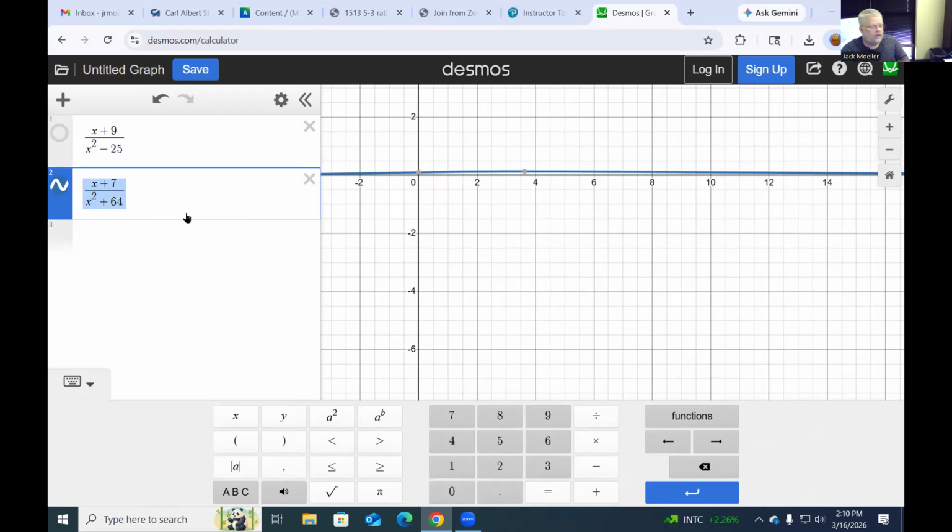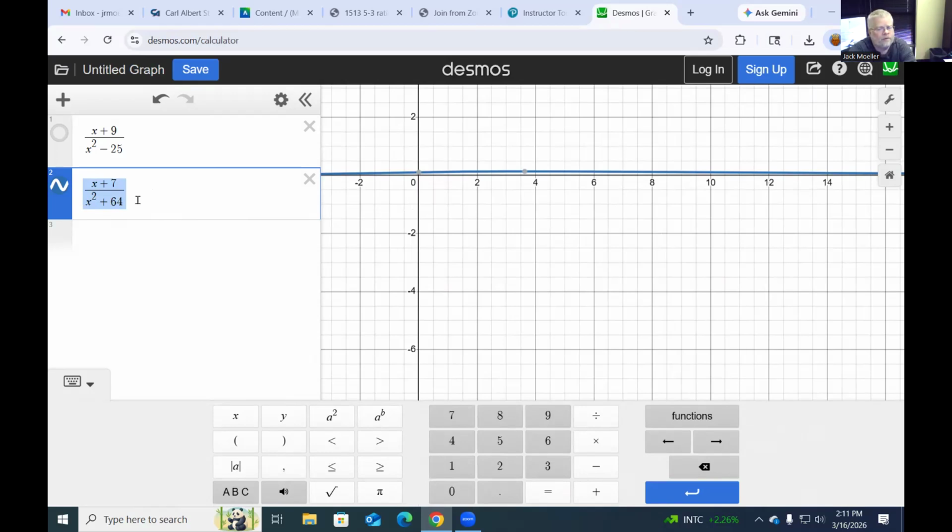Well, those are imaginary numbers. What is the domain? The domain is real numbers. So there are no real numbers that, when you plug them in, will ever get 0 in the bottom, because you're taking 64 and adding it to something that you're squaring. If you're squaring a real number, it's always going to be 0 or positive. So that denominator will never equal 0.